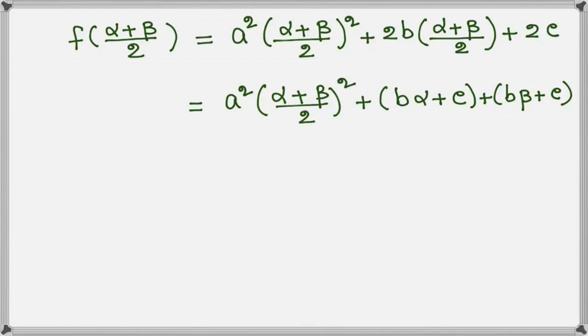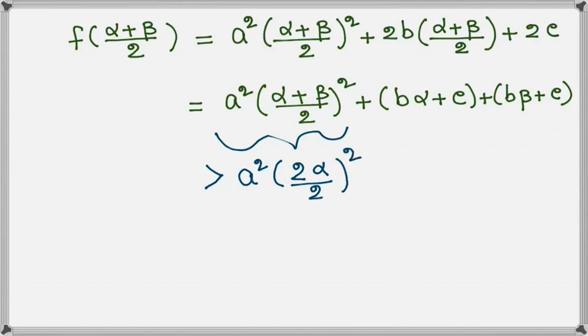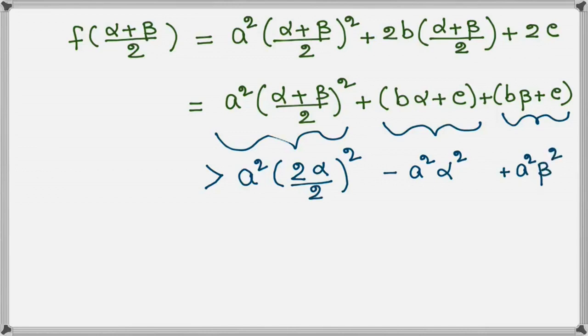Now since we have beta is strictly bigger than alpha, we can write the first term is strictly bigger than a square into 2 alpha divided by 2 whole square, and note that the second term is equal to minus a square alpha square, and the third term is equal to plus a square beta square.